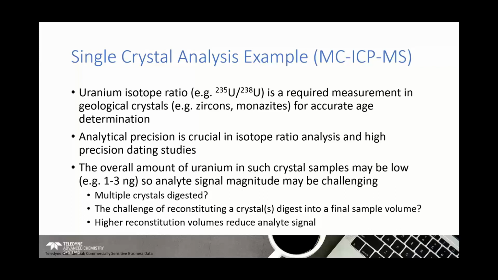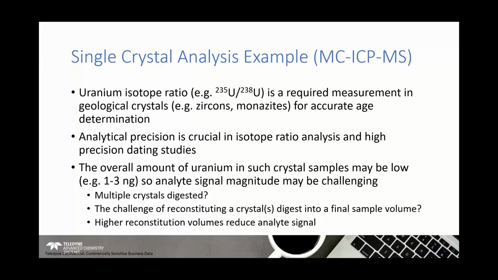A poorer precision on the analysis basically means that the time frames you're placing your samples within also have a greater level of variability.